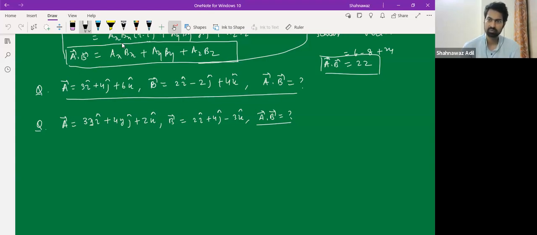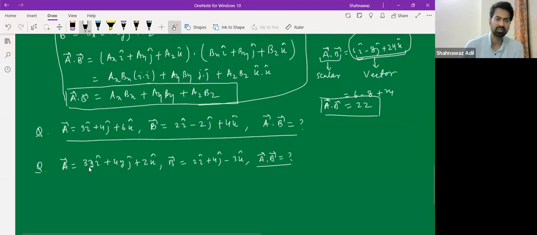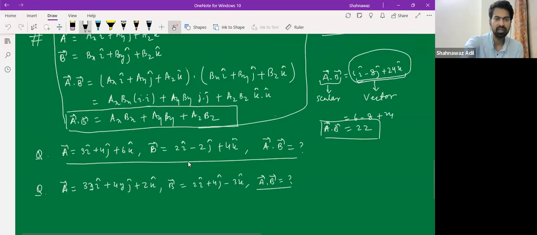And this A vector has x and then B vector does not have x, so that would be simply multiplication. You don't need to worry about x, y, z. That's why I gave you this question. So AX is how much? AX is 3x, right? And BX is only 2. So 3x into 2 is 6x. So the answer would be in x, y, z only.